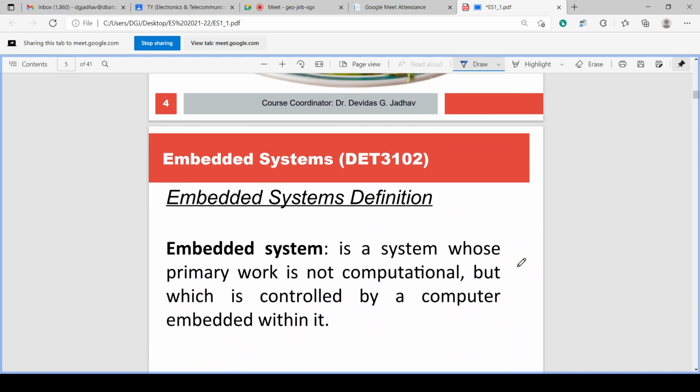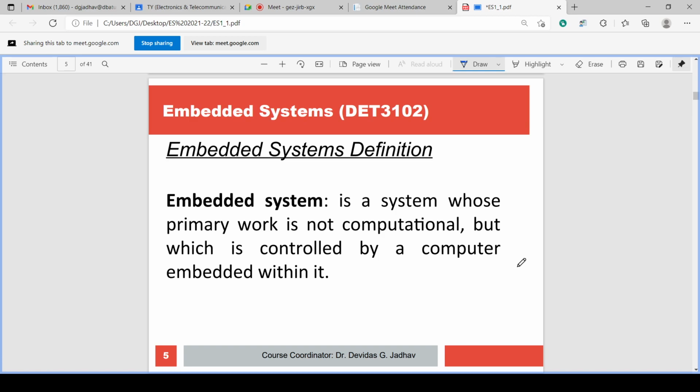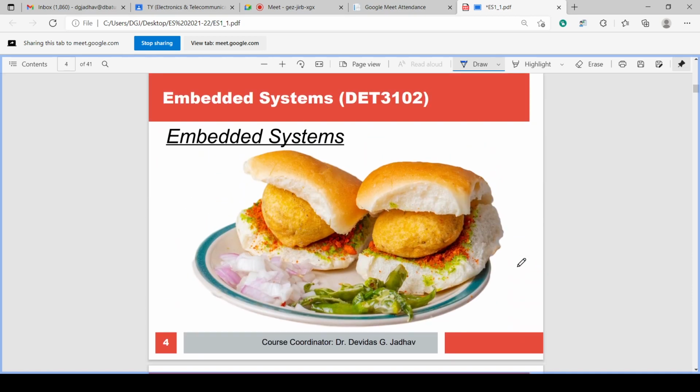As an example, we saw the vada pav example, which has the bhaji and the cover, and then that complete vada is placed in the pav so that it totally becomes an embedded system. All is embedded in one system, so no other external system is required. All is embedded in one. So that is an embedded system.